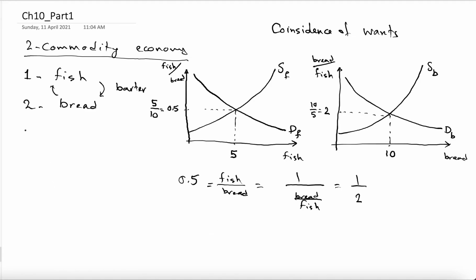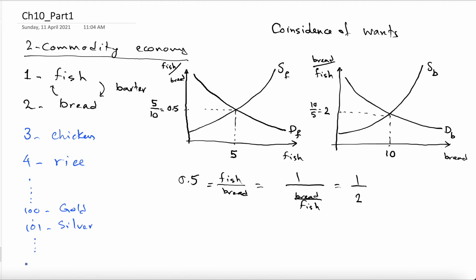But if we have more commodities, let's make it more complex. Number 3, number 4. Just like fish, we might have chicken. Like bread, we can have rice, and we can have so many other things, of which maybe number 100 is gold and number 101 might be silver.